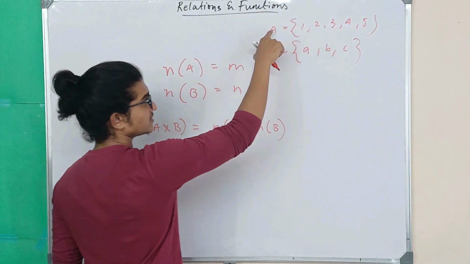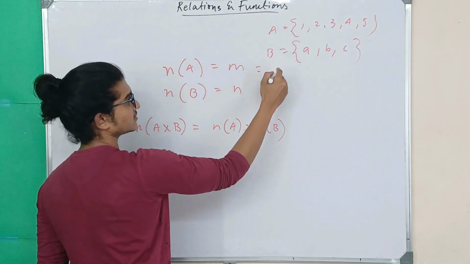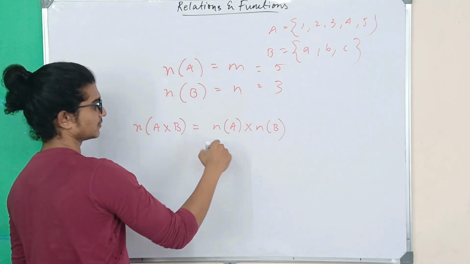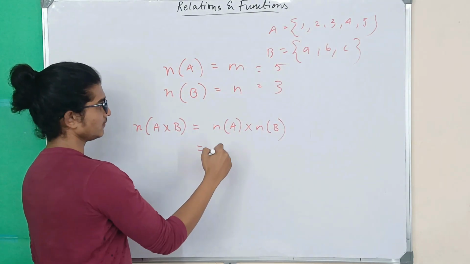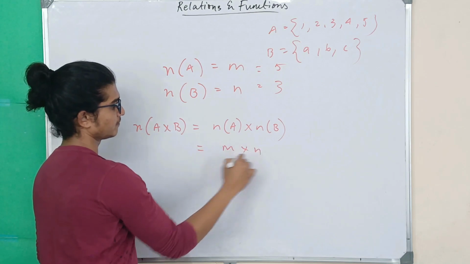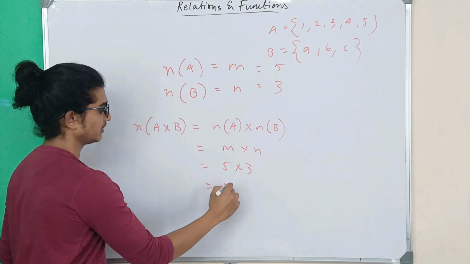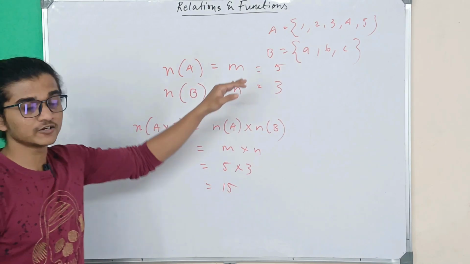What is the number of elements in set A? It is 5 elements. The number of elements in set B is 3. So substitute here: m into n, 5 into 3, which is 15 elements. So if you do A cross B, you're going to get 15 different elements.